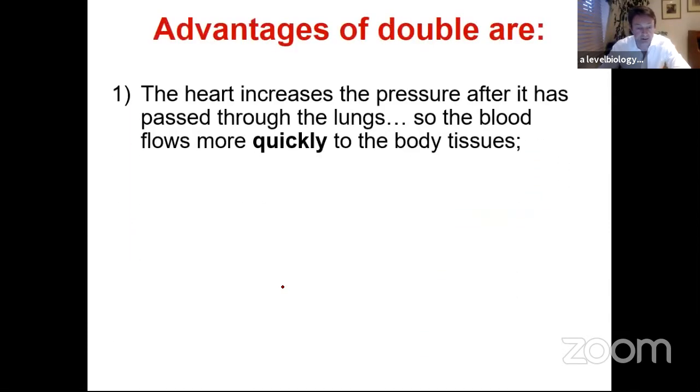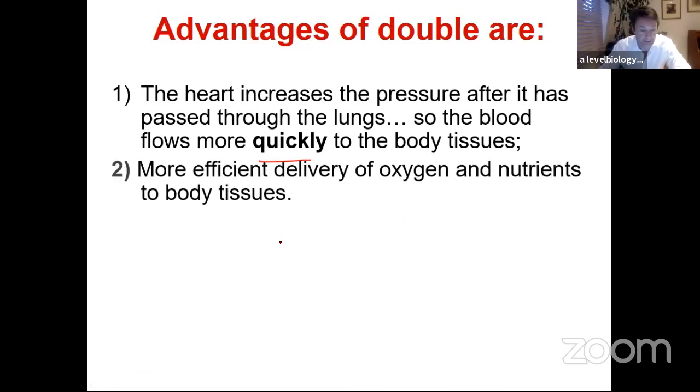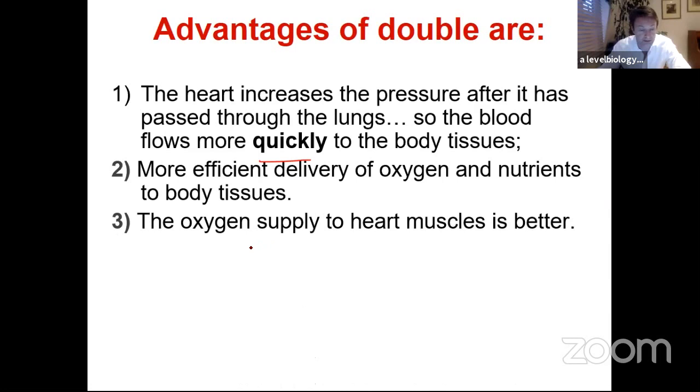So the advantage of the double circulatory system is that the blood flows more quickly to the body tissues because it's been repressurized as it has gone back into the heart. So the oxygenated blood is at much higher pressure than it would be had it just, for instance, come out of the gills. So it's more efficient delivery of oxygen and nutrients, glucose.